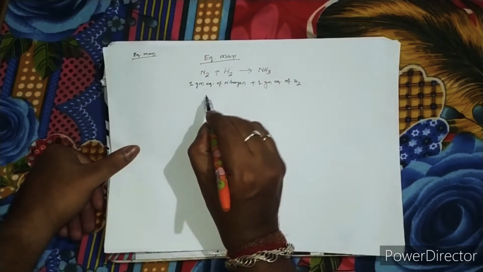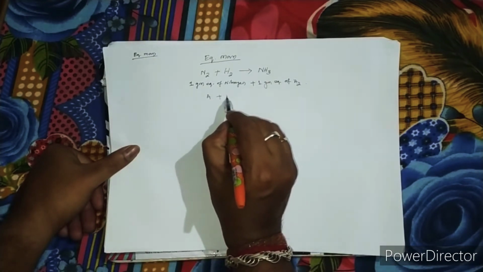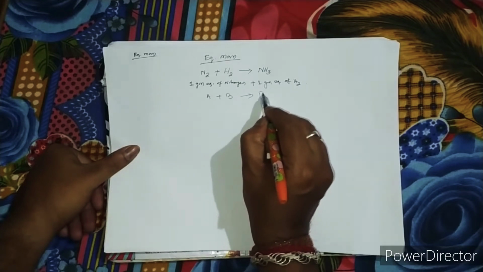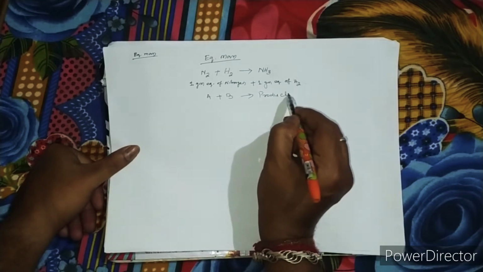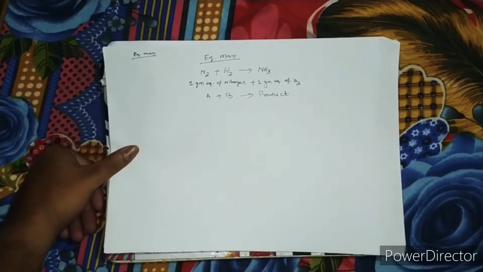Or in general we can say, suppose A plus B gives product. We don't know the product.